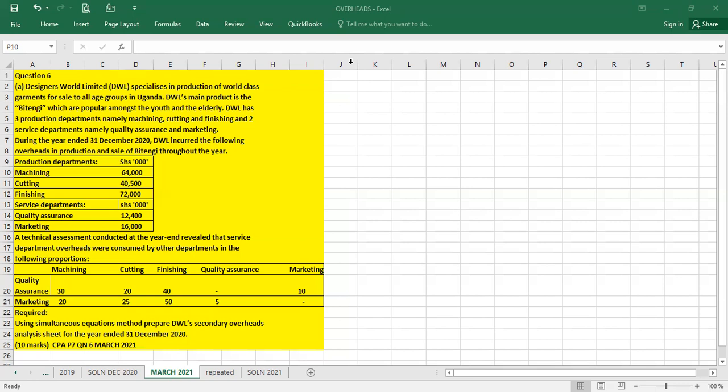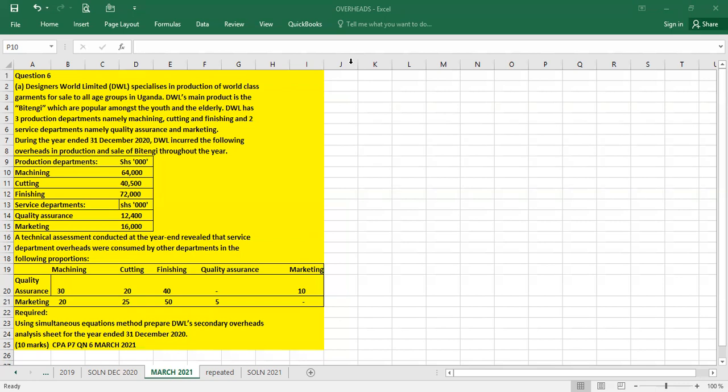DWL has 3 production departments, namely the machining, cutting, and finishing department. Those are the 3 production departments, and 2 service departments, which include the quality assurance and the marketing department.